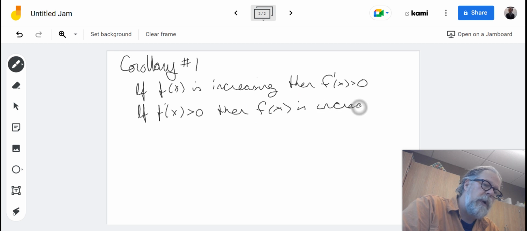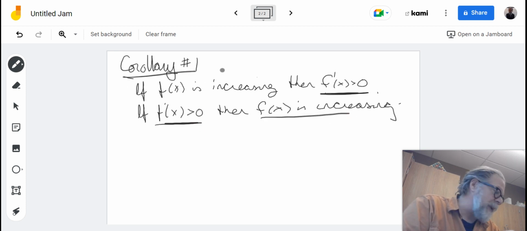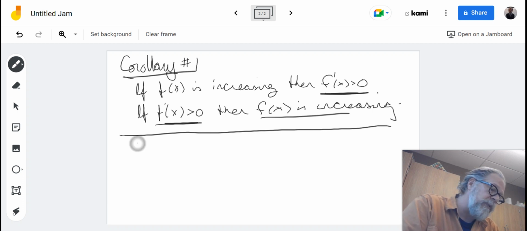Converses of each other. But again, we can assume that if it's an increasing function, then the derivative must be greater than 0. We can assume that if the derivative is greater than 0, then the function must be increasing. That's number one. And again, we'll just use these to prove things. We'll say, yeah, look, there it is. Function's increasing. We know the derivative must be positive.